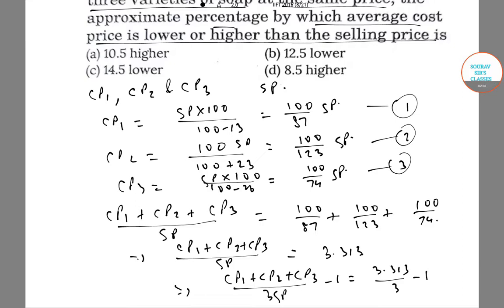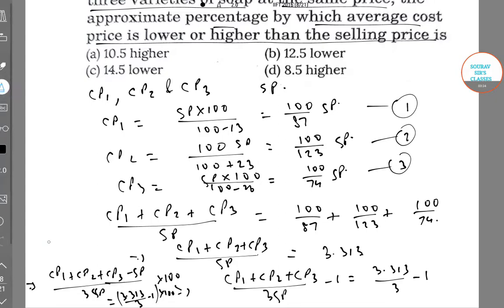We get (CP1 plus CP2 plus CP3) by 3SP numerator minus SP into 100 is equal to (3.313 by 3 minus 1) into 100, which is approximately equal to 10.5%.